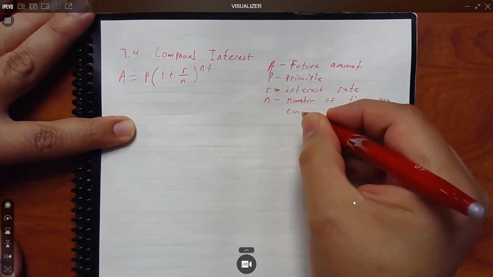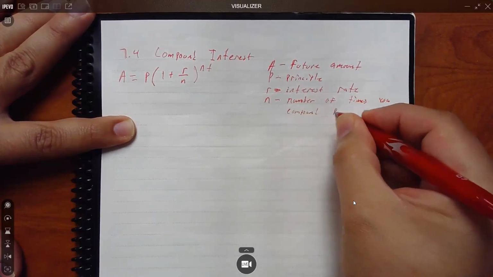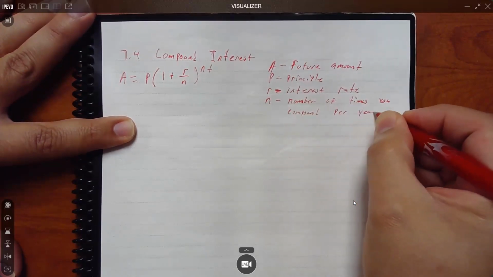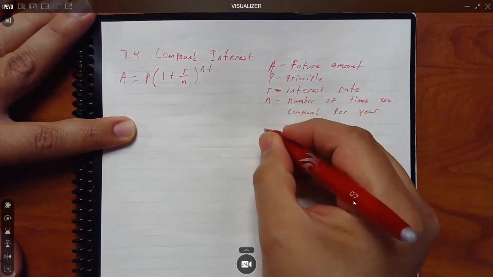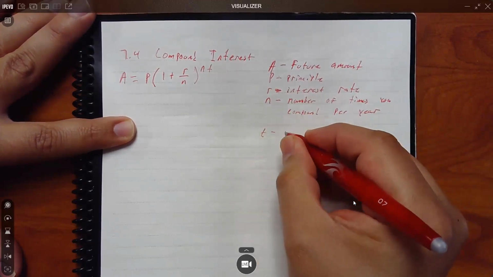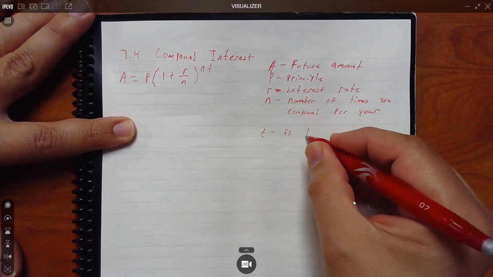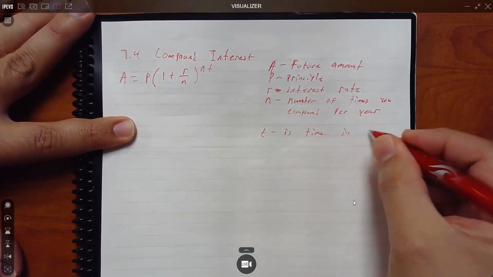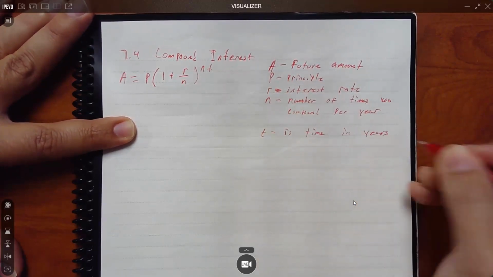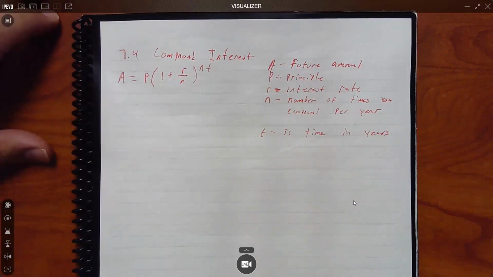So quarterly would be 4. Time must be in years.